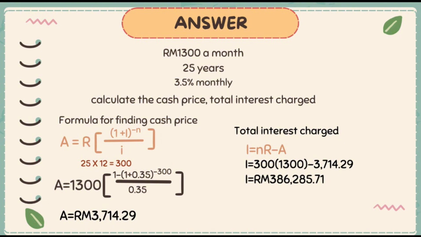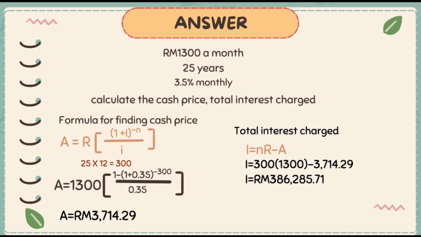We need to convert the 25 years into months by 25 years times 12, and we will get 300. To solve the equation, we need to solve the bracket first. Then, we can multiply with 1,300. The answer is 3,714 ringgit and 29 cents. Do you guys get it?